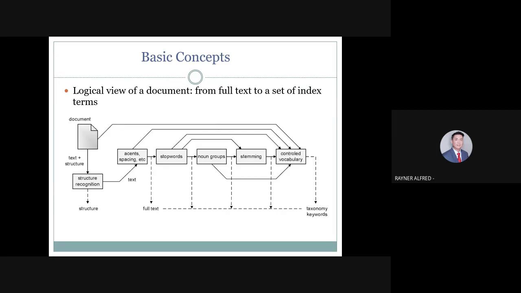From a document, we remove all the blank spaces, we remove all the stop words, we gather all the noun groups, we perform stemming, and lastly, we will have the controlled vocabulary, which means that from a single document, we will extract all the unique keywords that we have in that document.